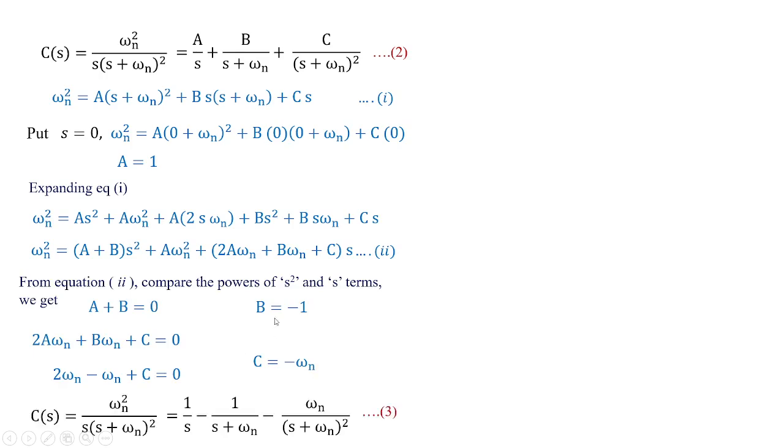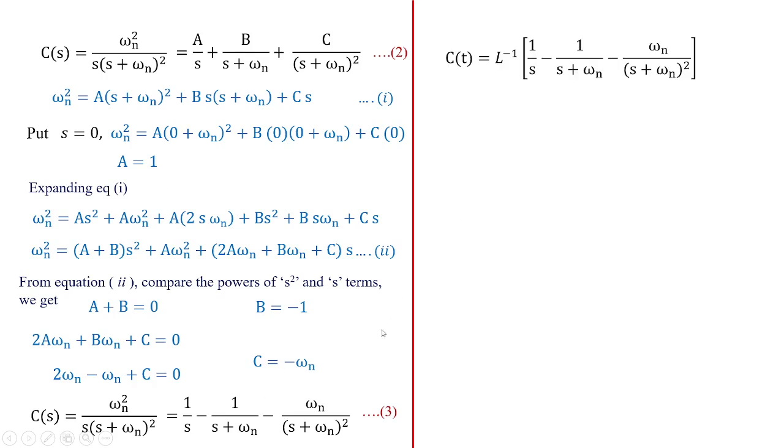Just replacing the values of B and C, I get equation 3. I'm applying the Laplace inverse to this equation 3, and I get the value as 1 minus e to the power of minus omega n t minus omega n t multiplied with e to the power of minus omega n t. This is derived from the standard Laplace formulas.